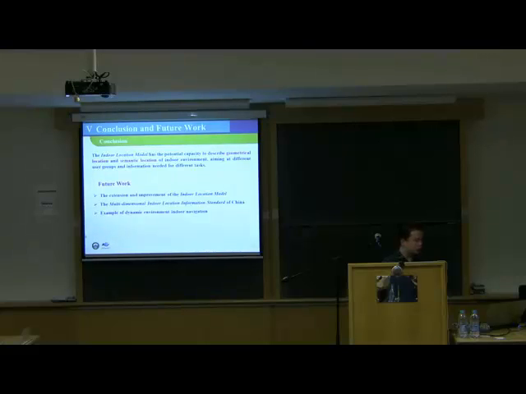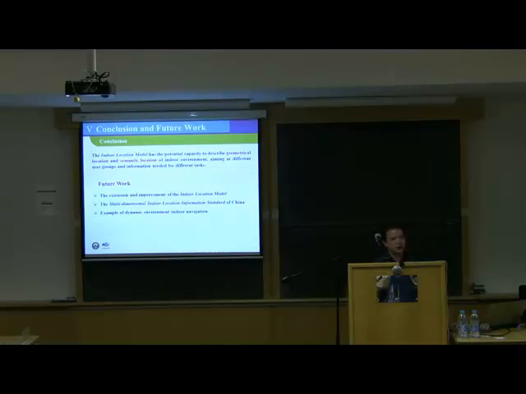And here's the conclusion. The indoor location model has the potential capacity to describe geometric location and semantic location of indoor environments, for different user groups and the information needed for different tasks.